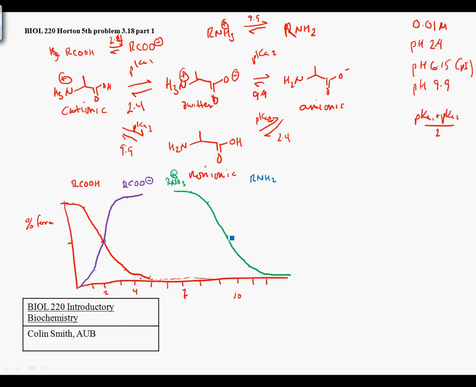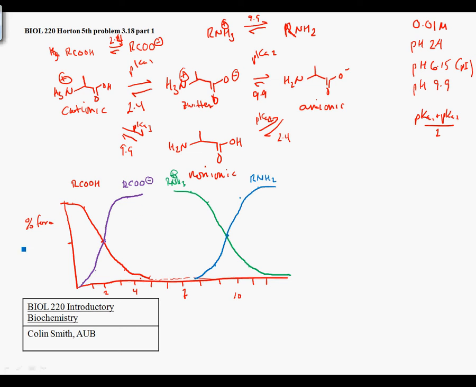And at the pKa, pH equal to the pKa, it's going to be this. 1 pH unit above, it's going to be 90%. 2 pH units above, it's going to be 99%. 1 pH unit below, it's going to be 10%. 2 below, it's going to be 1%. And so we expect to have its concentration change as a function of pH like such. And what we're interested in then is what these other forms represent.